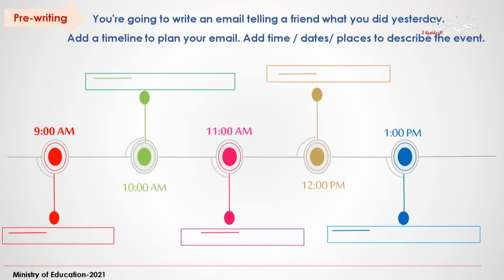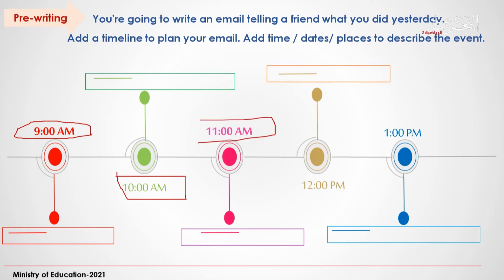That being said, how about we actually try it in practice? You are going to write an email telling a friend what you did yesterday. Add a timeline to your plan: times, dates, places to describe the events. Now, I added the exact same timeline that we used previously for Maria. However, feel free to change the time.